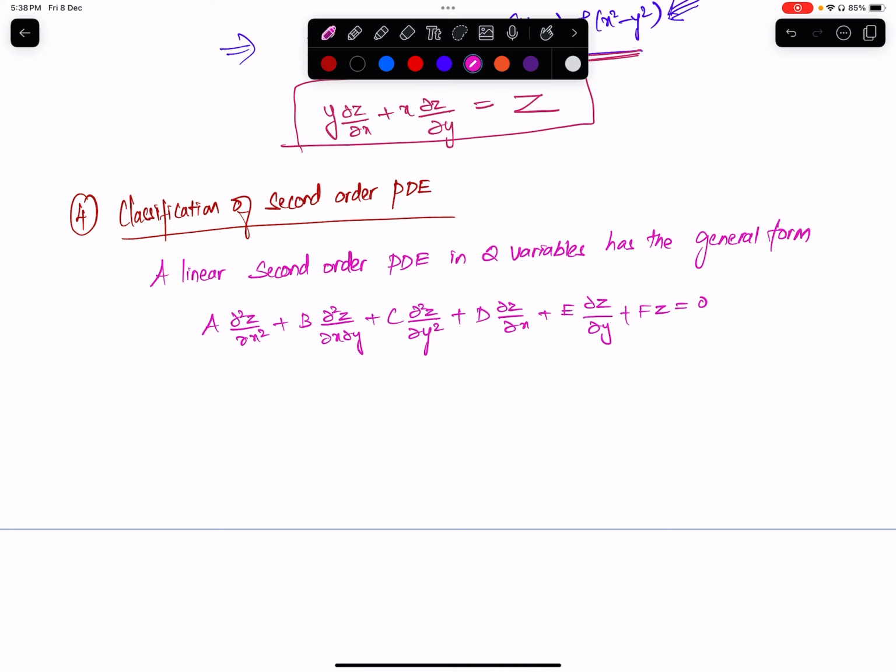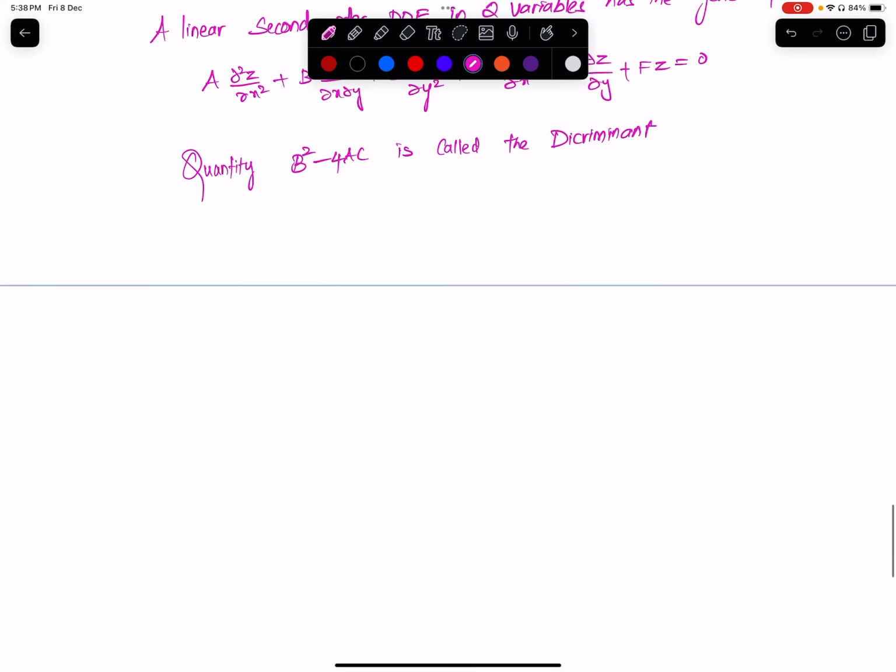Here we define a quantity, b² minus 4ac, which is called the discriminant. Based on the value of the discriminant, we have three cases.